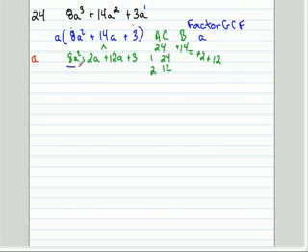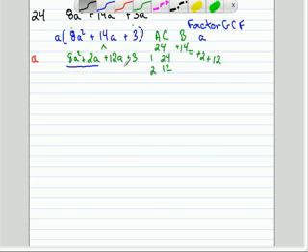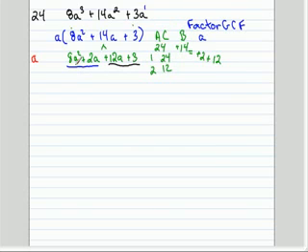So we look at the front group, and then we'll look at the back group. What can I take out of the front group? I can take out a 4a. Oh, can't take out a 4a, that's too much. How about a 2a?